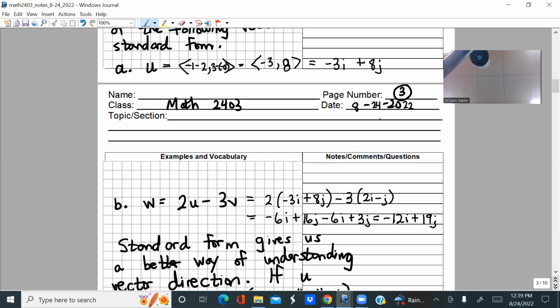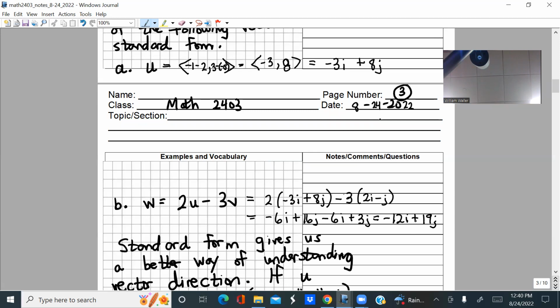So I think one of the reasons people find standard form convenient is that when you're doing operations with vectors, it kind of is like doing operations in algebra, simplifying expressions in algebra. Because you can sort of think of the I and J as being variables, but they're really not.